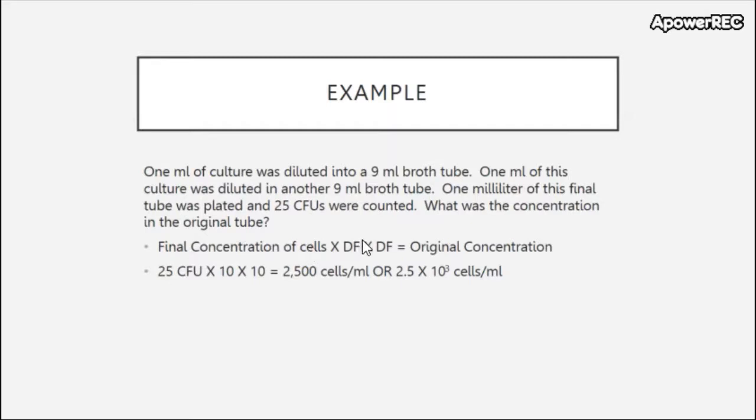We had 2 dilution factors here for 2 dilutions, and that will tell us our original concentration. So we had 25 CFUs, we times it by 10 for the first dilution factor, multiply it by 10 for the second, and we get 2,500 cells per mil, or 2.5 times 10 to the third cells per mil.